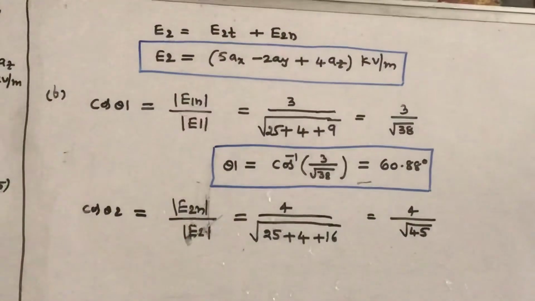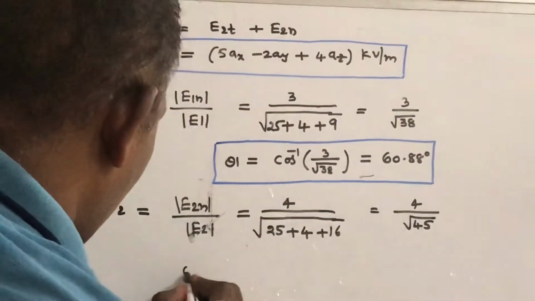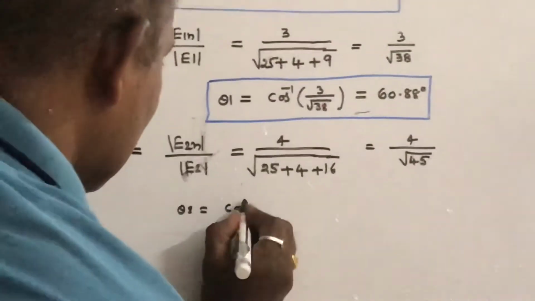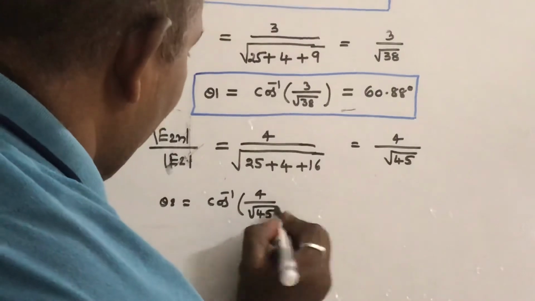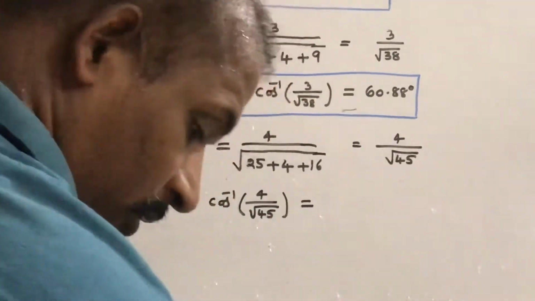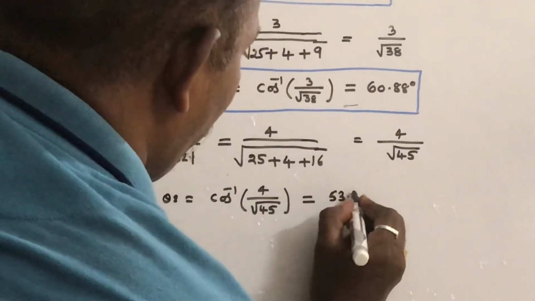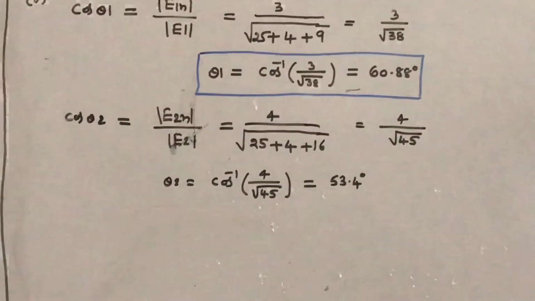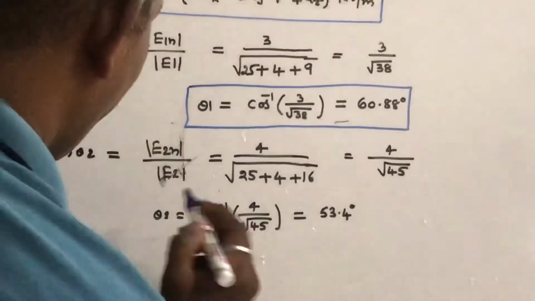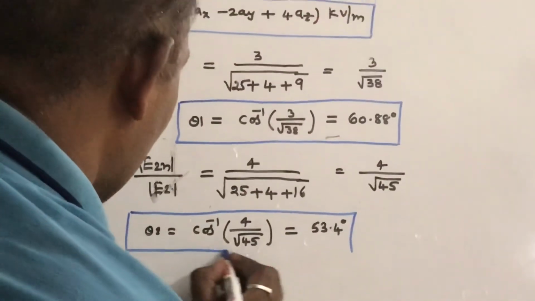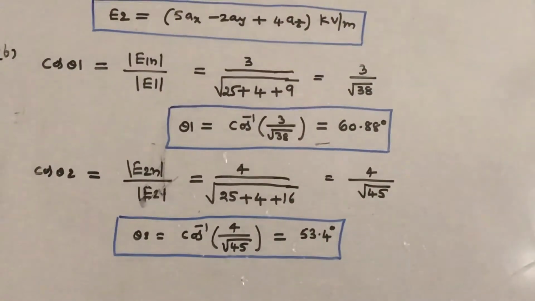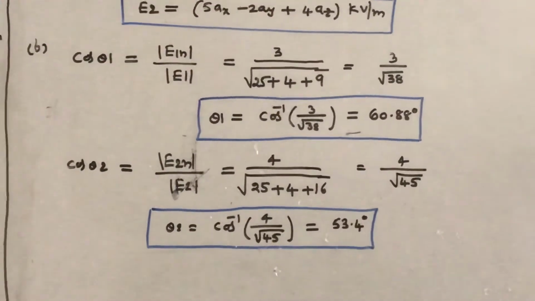Therefore theta 2 is equal to cos inverse of 4 by root 45, which comes out as 53.4 degrees. This is the simple answer for the angles theta 1 and theta 2 with respect to the normal to the interface. This is the answer for the B question.